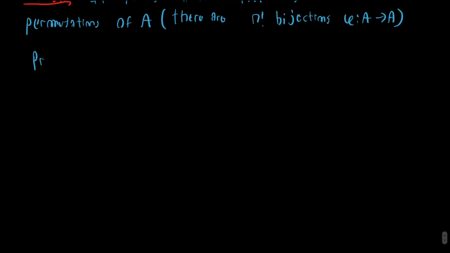So let's prove it. Let's call our set A as A1, A2, up to An. So that's n elements. In other words, that's order n.